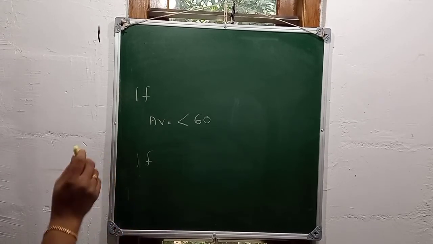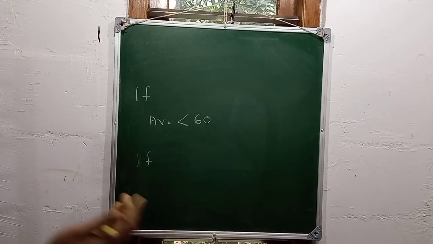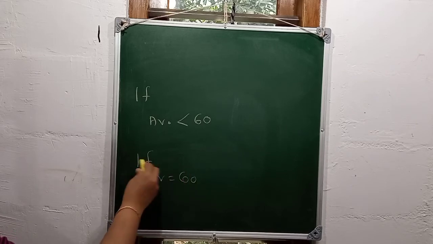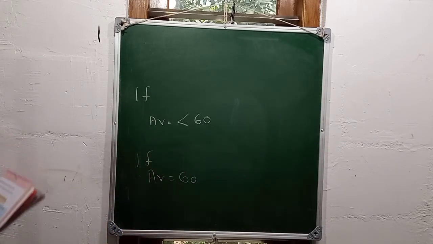But here, if we include one player whose weight is less than 60, then only we get the average as 60. If all the weights are greater than 60, then the average is also greater than 60. If all the weights are less than 60, then the average is also less than 60. That means the weights of the players must include some more than 60 and some less than 60. Okay, that is the answer.